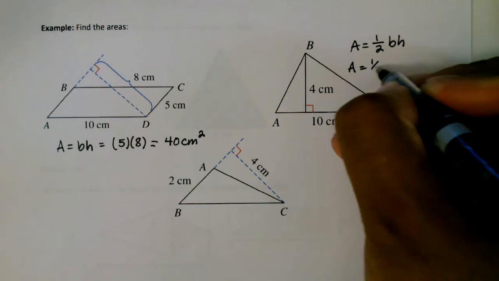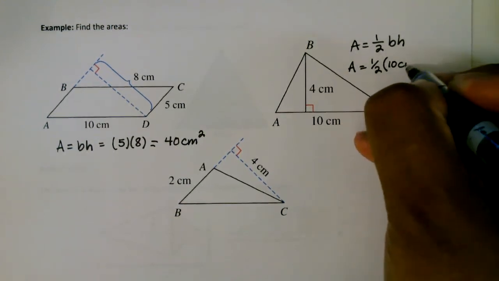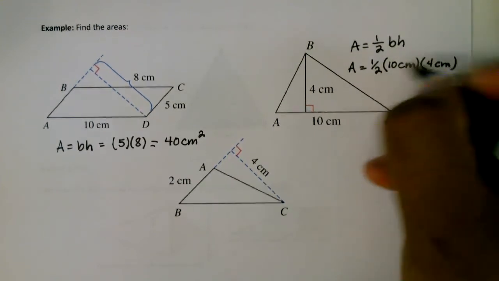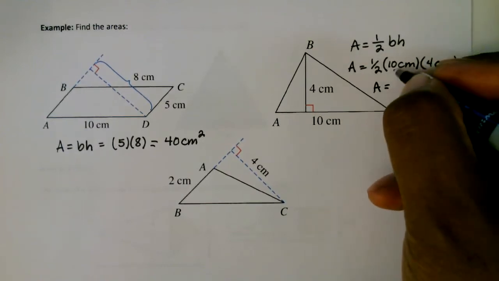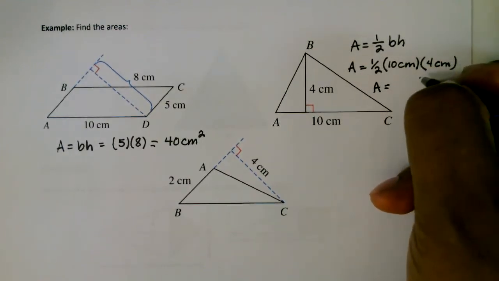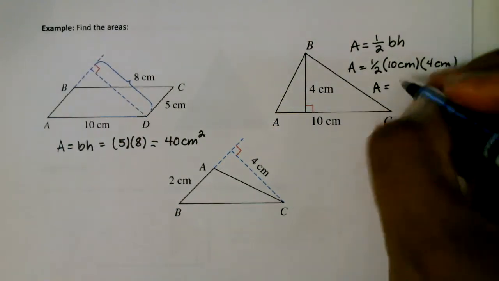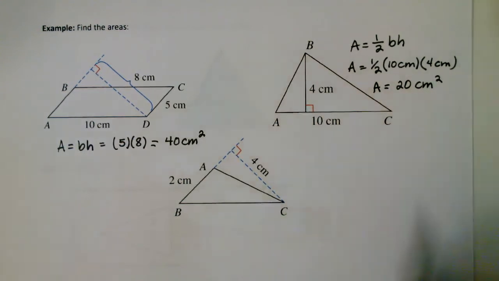So this will be 1/2 the base, which is 10 centimeters, times the height, which is 4 centimeters. So if I do half of 10, that would be 5. 5 times 4 would be 20. And this will be 20 square centimeters for the area of that triangle.